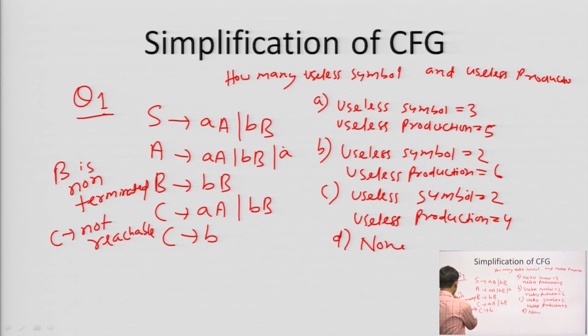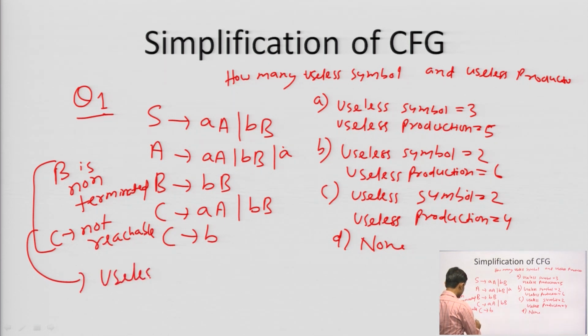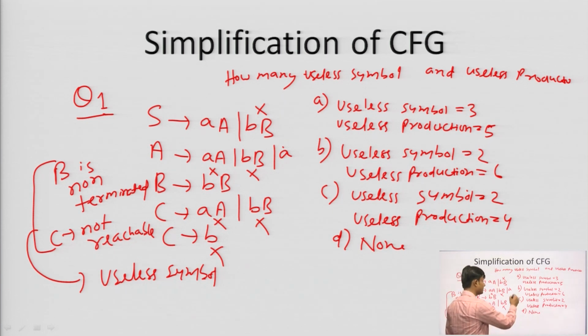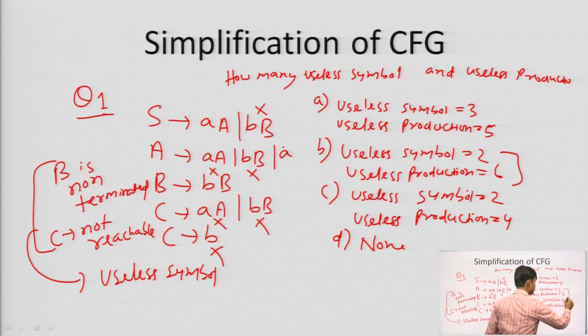So, B and C are useless symbols. Then wherever B and C are present, you have to remove all of them. So, you have to remove this production, this production and this production. Wherever C is present, also remove this one and this one. So, you can see these 6 crosses. So, option B is the right option.